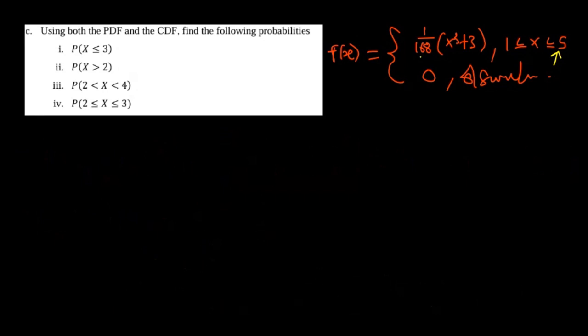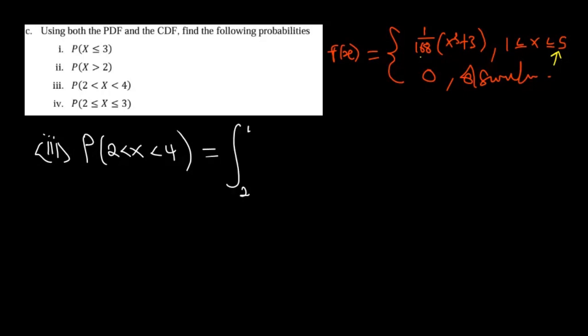So for number 3, you should try out the PDF method. That is the probability that x is between 2 and 4. So you try out this one. This simply means the integral from 2 to 4 of 1 over 168 times x to the power 3 plus 3, dx.